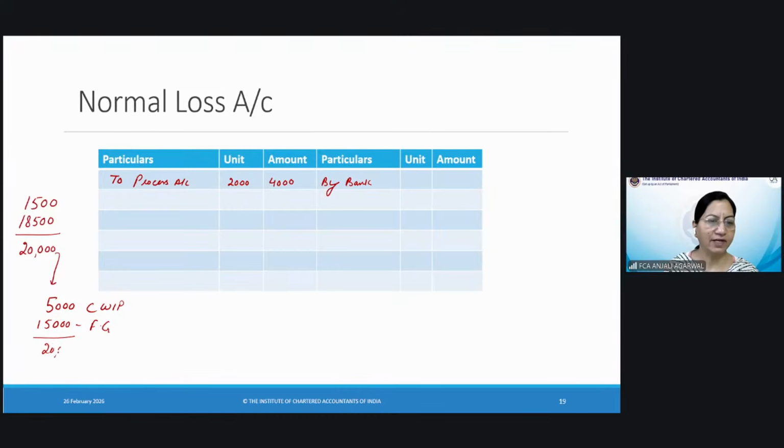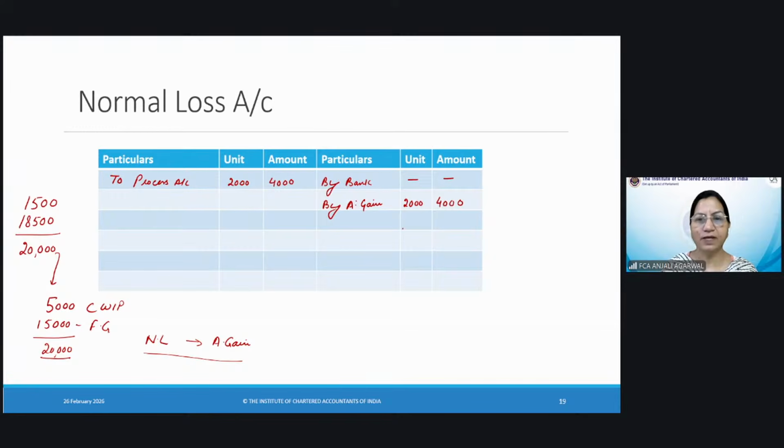So we don't have any scrap at all. So whatever should have been the normal loss, it has become our abnormal gain. We don't have any units, which means this figure is not there. So abnormal gain account will have to bear the amount which should have been realized from normal loss.